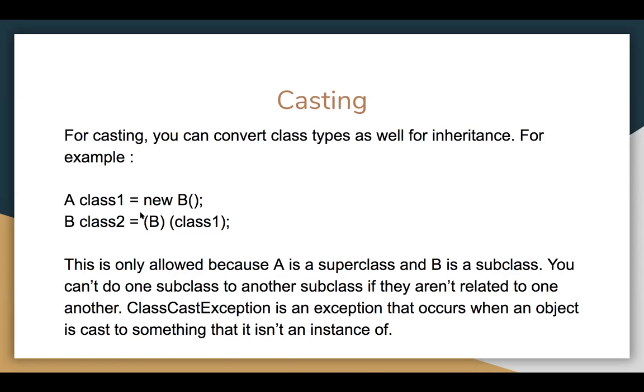But what it basically means is that, for example, if you had a class of C and that's attached to class A as a subclass, so A is a superclass and B is a subclass and C is also a subclass, if you had something of type B, then you can't cast to C because they're not related to each other.